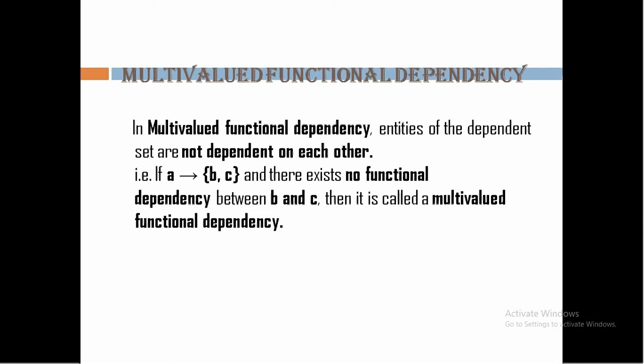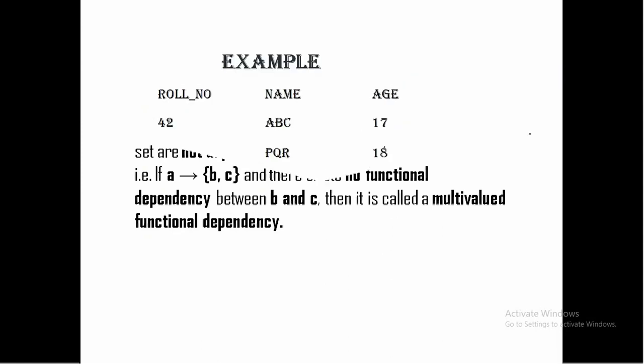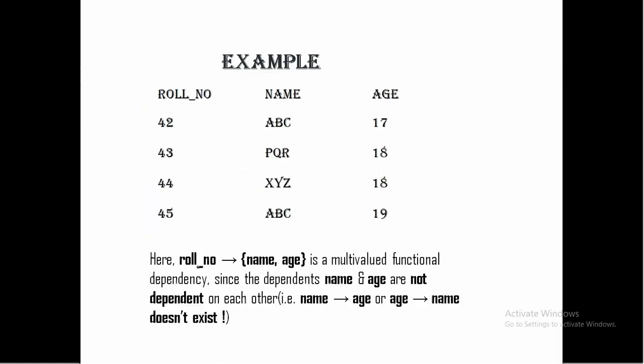Or we can say that in any relation R, if for a particular value of X, Y has more than one value, then it is known as multi-valued dependency. Here roll number → name, age is a multi-valued functional dependency since the dependents name and age are not dependent on each other. A teacher taking more than one class is also a multi-valued dependency.